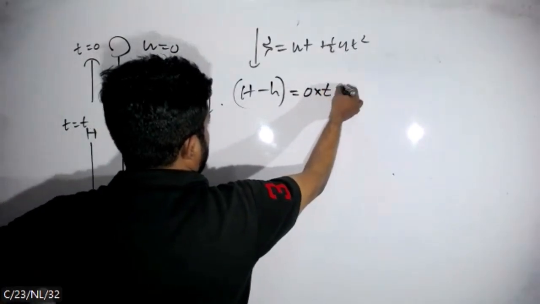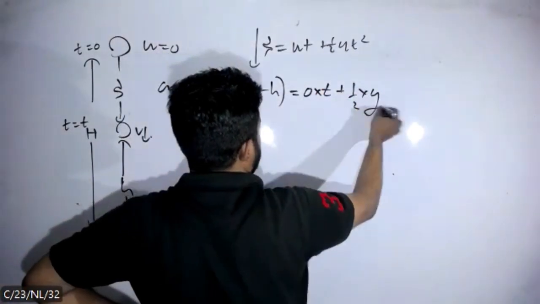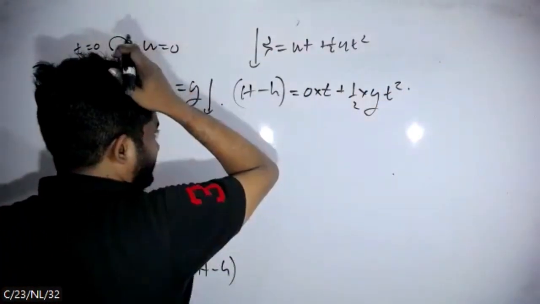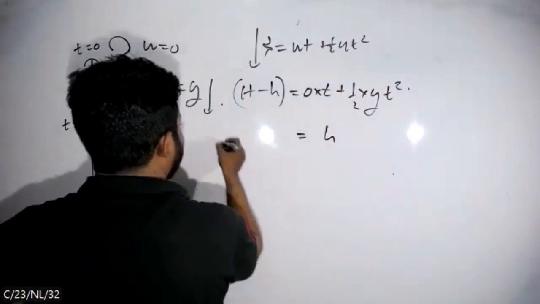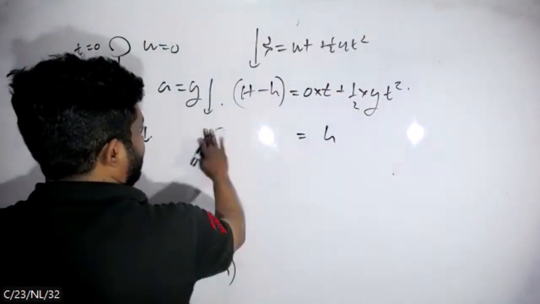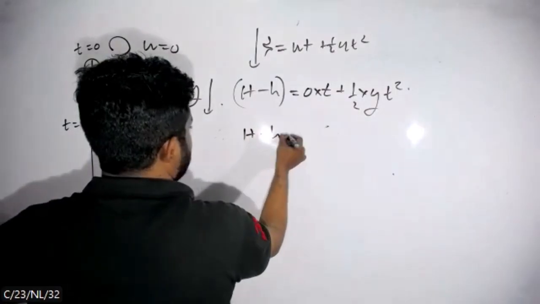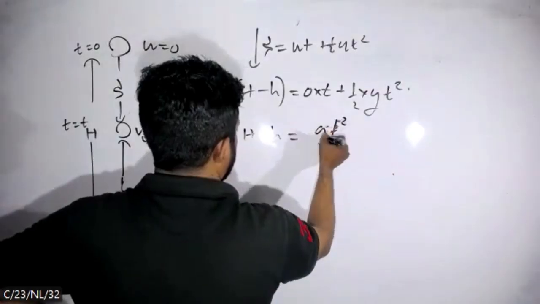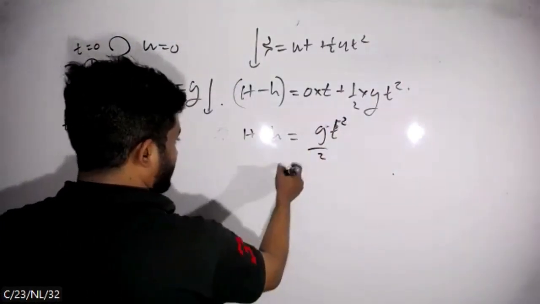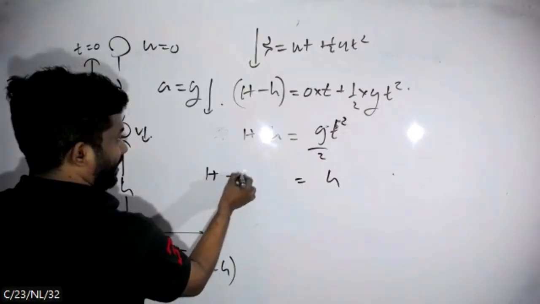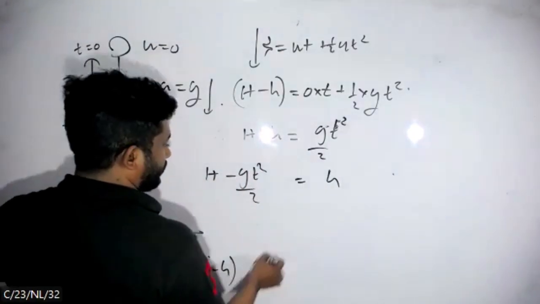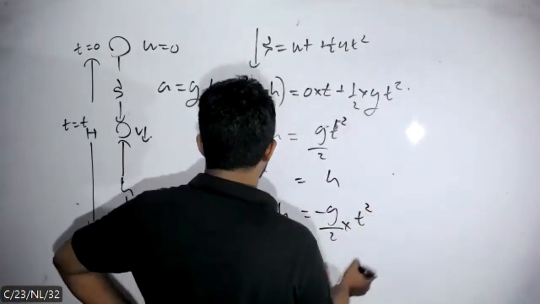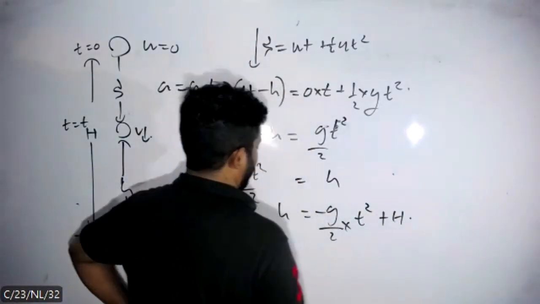Initial velocity 0. Gravitational acceleration g, time t squared. Then you can make simple h the subject. Capital H minus simple h is equal to g t squared over 2. Then you can subject h. h equals capital H minus g over 2 into t squared. Do you see the relation?